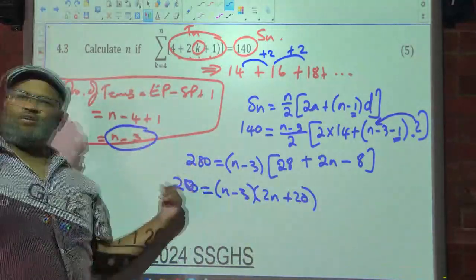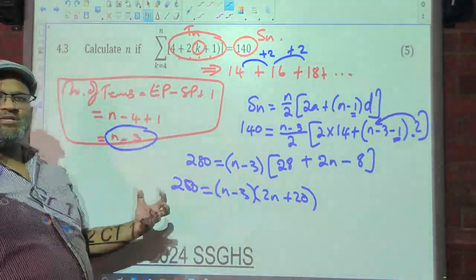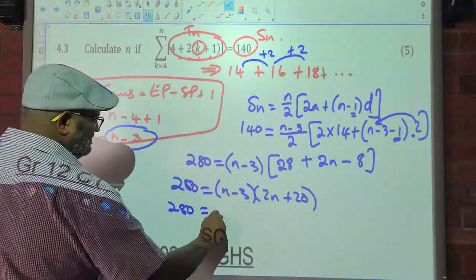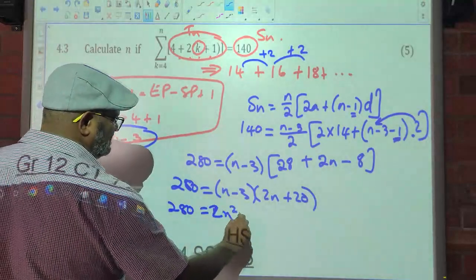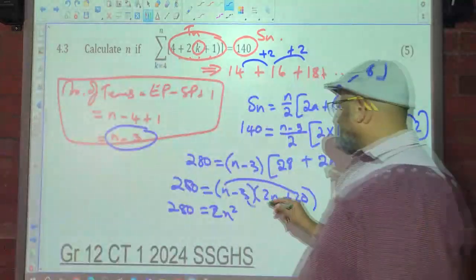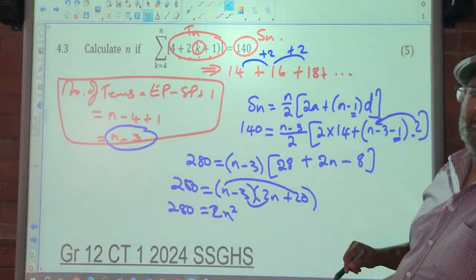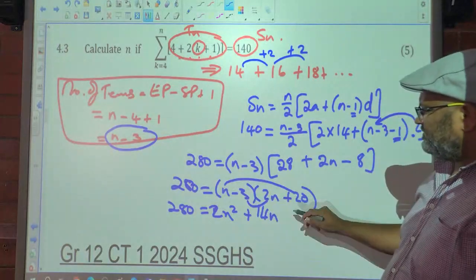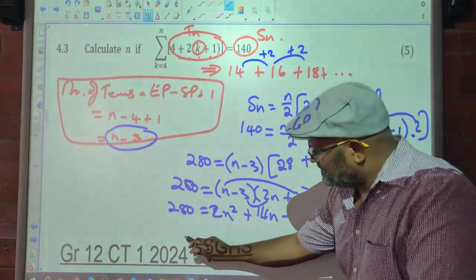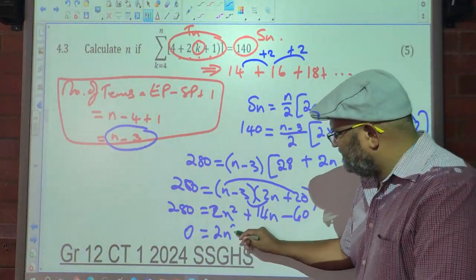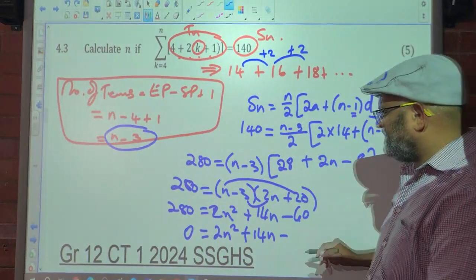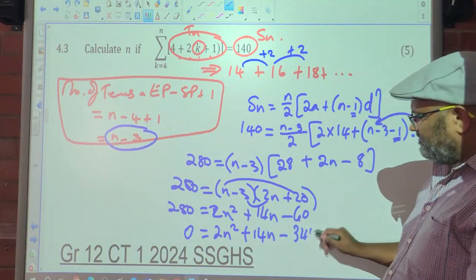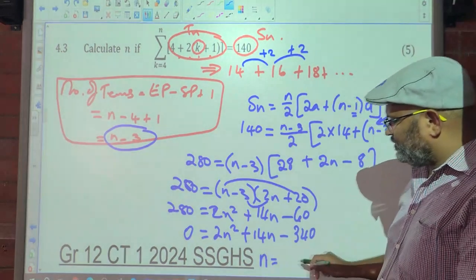Can I say n minus 3 is equal to 280? No, it must be 0. Not so? Multiply out, so I get 280 is equal to 2n squared. That is 20n minus 6n. What's 20 minus 6? 14. And then negative 60. So 0 is equal to 2n squared plus 14n minus 340. Is that correct?